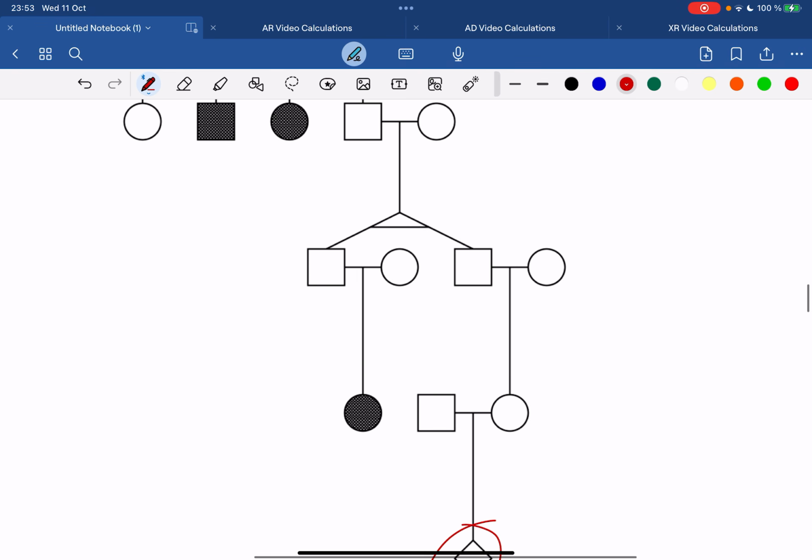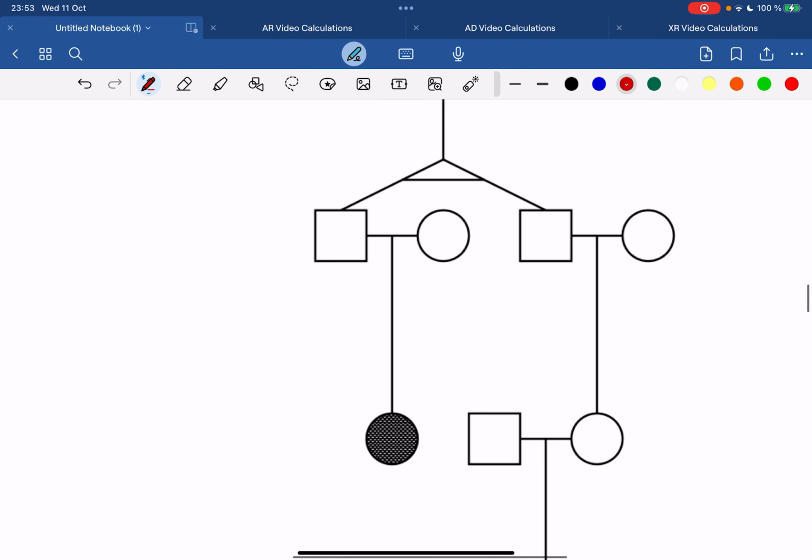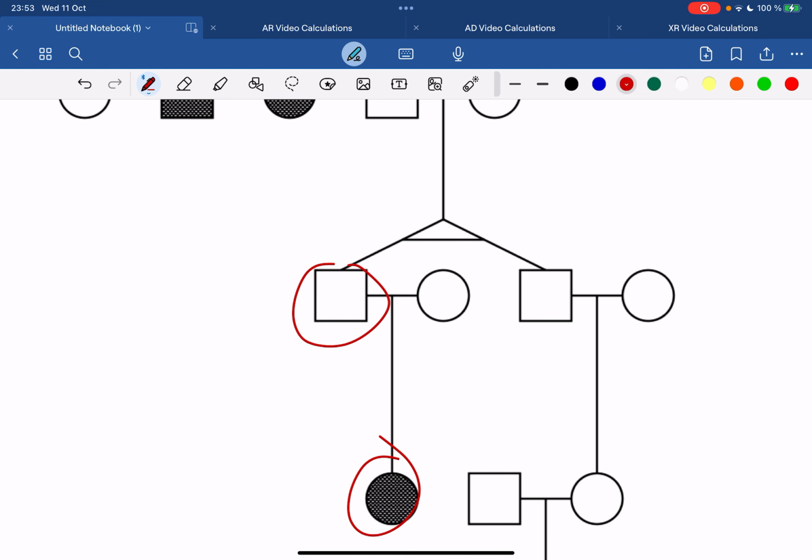Now remember how I said that if we have monozygous twins, they have like a little line in between this triangle shape. Looks like an A. And that means that whatever phenotype this person has, this person has too, because they're monozygous twins. So if this person has a sick child, what does it mean for this person?